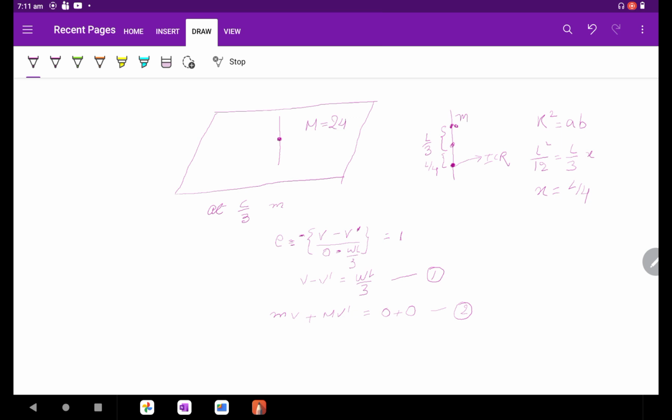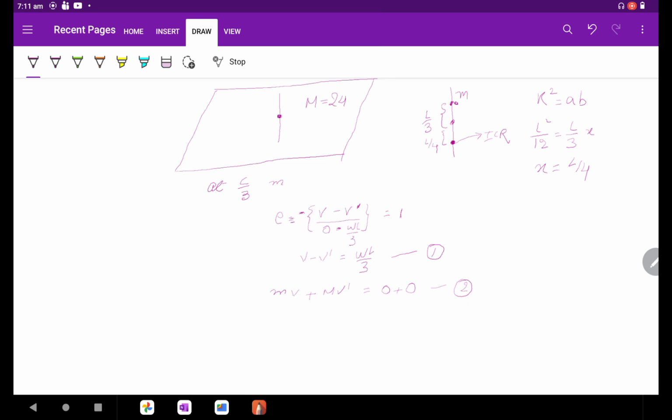So mv, with which the body is moving, and the center of mass is moving with v prime. So mv prime, center of mass of the rod post collision. And v prime, if we require, we can write in terms of omega later. Not for now. We can go ahead with this equation.